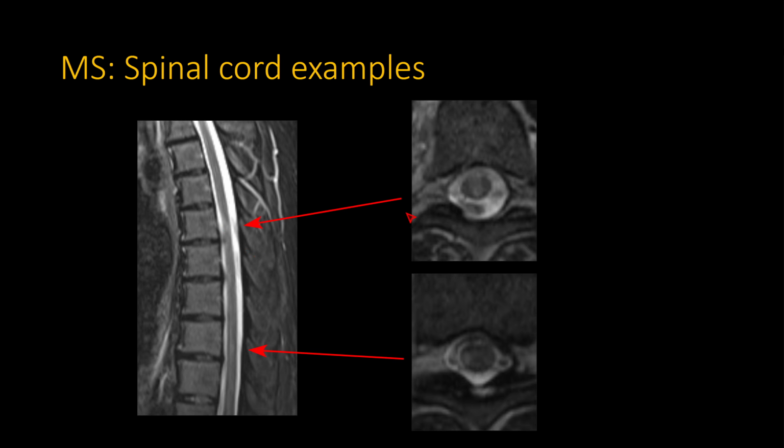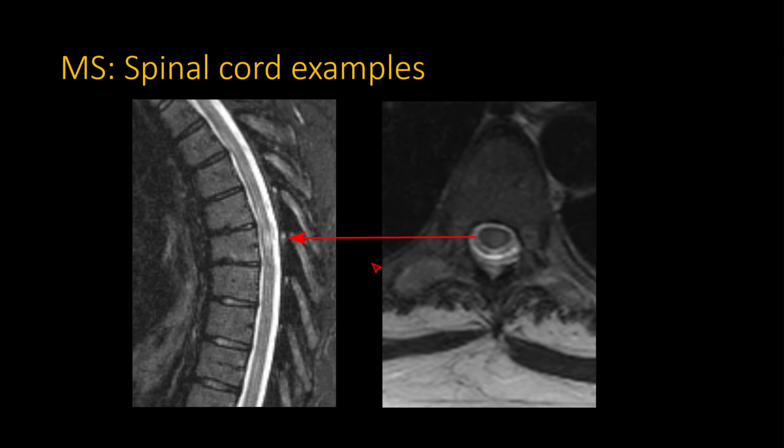So this also meets the requirement of being in two different planes. Here's another lesion. You go through your axial, you can see this peripheral lesion right here, and then you can also see some hyperintensity on the sagittal plane right there. Very subtle, but when you see it so well in one plane, you can have a slightly lower threshold for saying I see it in the sagittal plane.